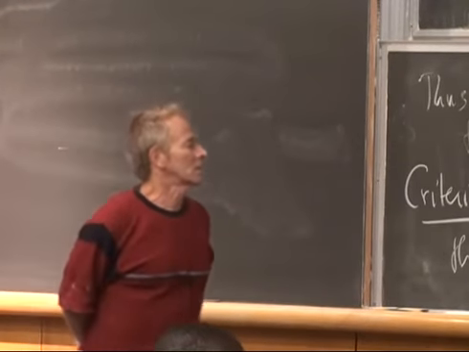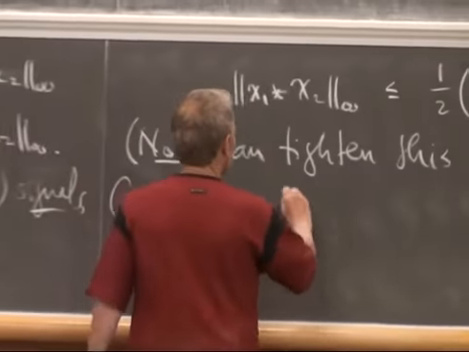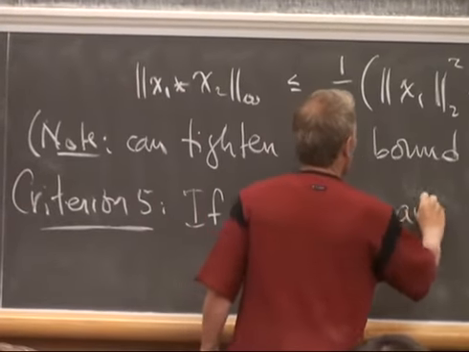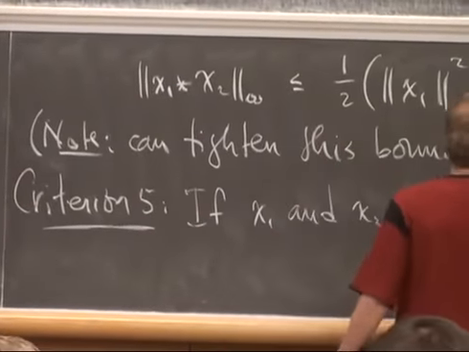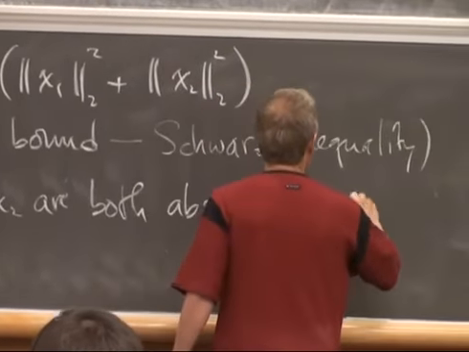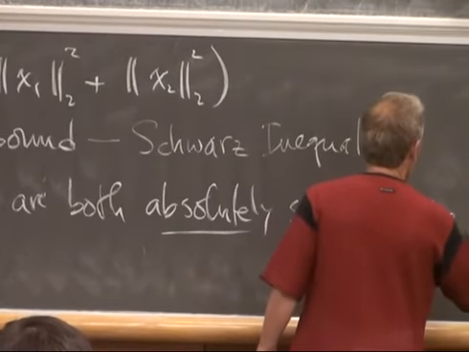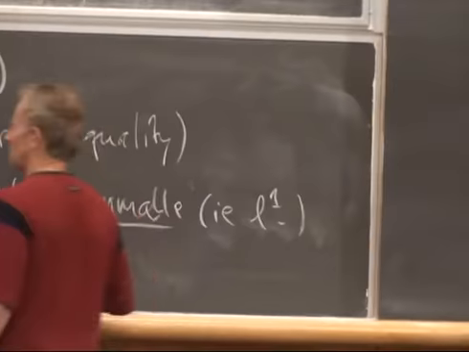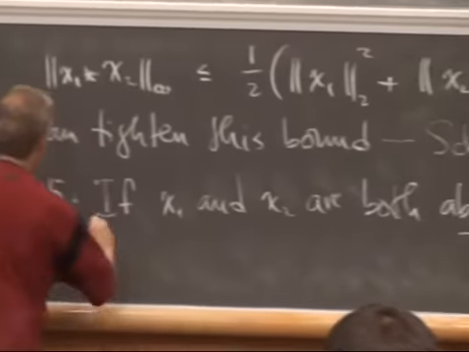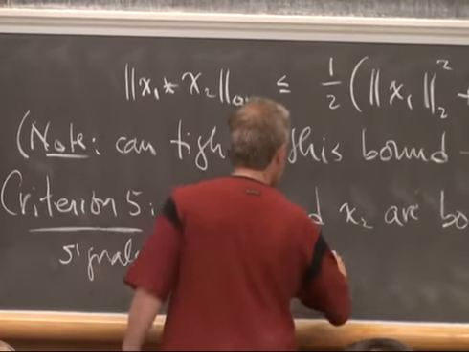All right, final criterion. If x1 and x2 are both absolutely summable, that is to say L1 signals, then x1 convolved with x2 exists.